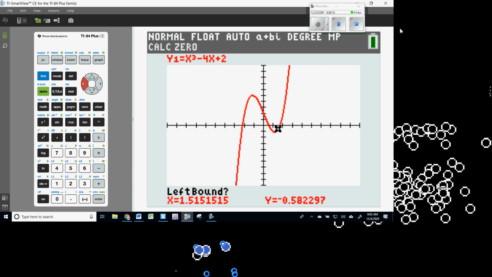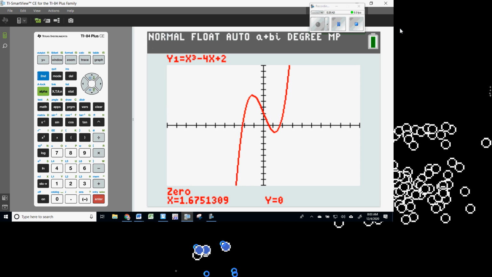I go left, enter. Go back right, enter. Go to my point, enter. There's none. I just thought there was some extra stuff here to get the cursor. If you just hit enter again, it'll work.